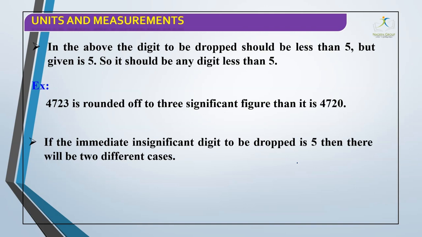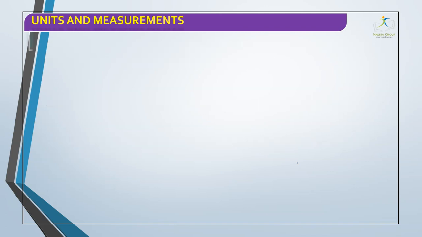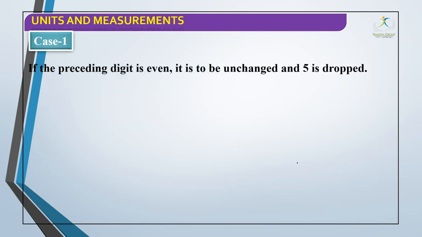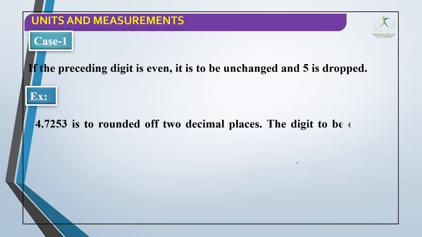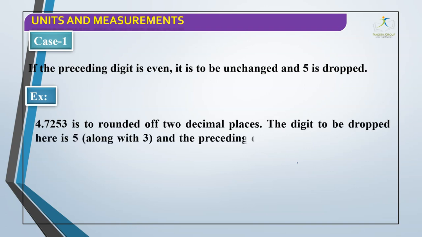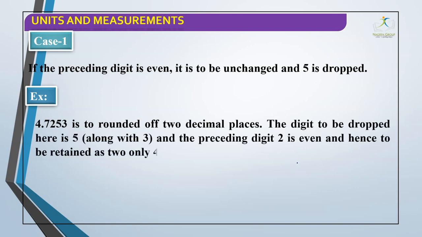If the immediate insignificant digit to be dropped is 5, then there will be two different cases. The first case: if the preceding digit is even, it is to be unchanged and 5 is dropped. For that scenario, 4.7253 is to be rounded off to two decimal places.